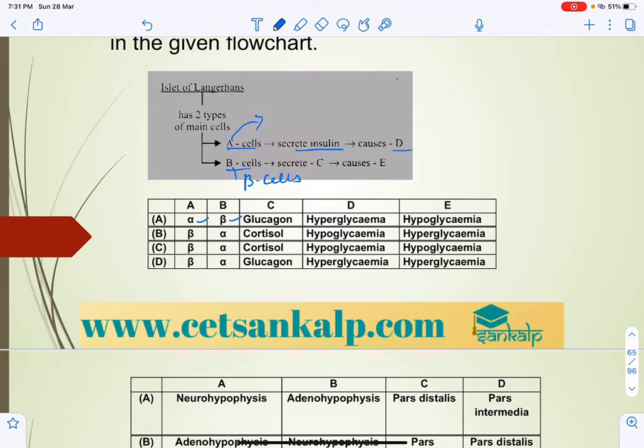A is beta because it produces insulin, and B is alpha. So A is beta and B is alpha.